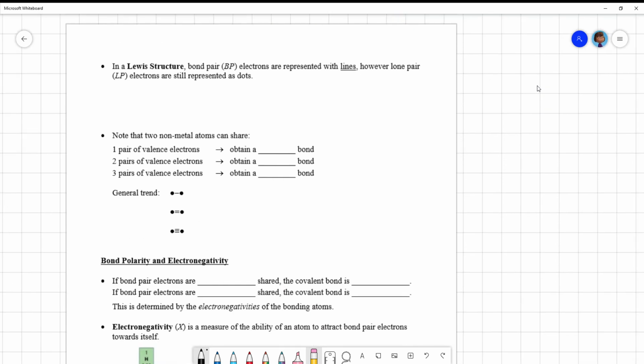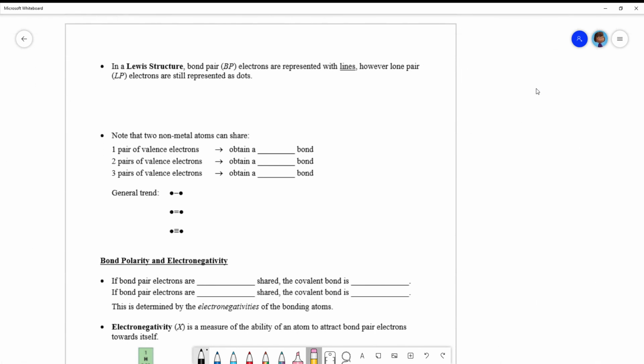So how do we take our Lewis dot symbols and turn them into Lewis structures? Well, actually it's very easy. As it turns out, in a Lewis structure, bond pair, which I like to abbreviate BP, electrons are represented with lines, while lone pair LP electrons are still represented with dots. So for example, for diatomic bromine, how many bond pairs did we have? Let's go back.